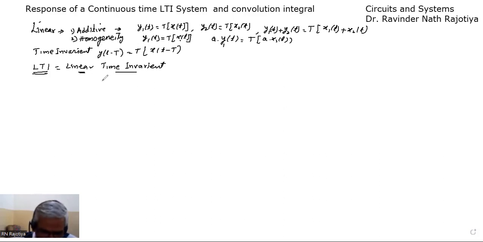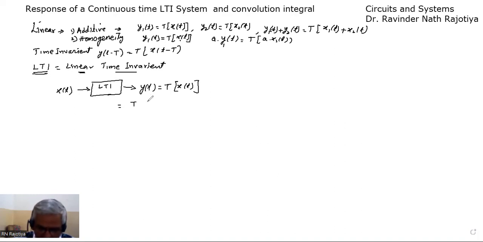The response of such a system, as we studied in the previous class, is that if any arbitrary signal x of t is applied to an LTI system, then the output y of t is equal to some action on this signal x of t, and this turns out to be a convolution of these two signals.